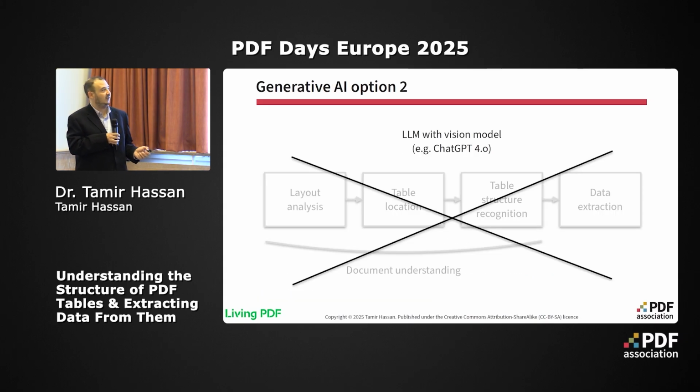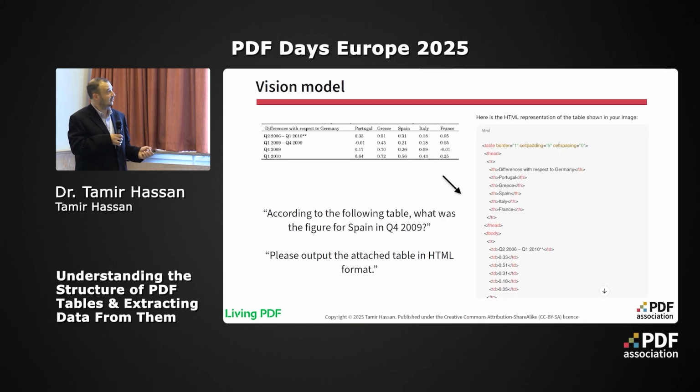And more recently, with vision models being integrated in LLM systems, it's possible to just sidestep the whole process and, for example, just give GPT or a different LLM an image of the PDF, and then ask it to extract the information.